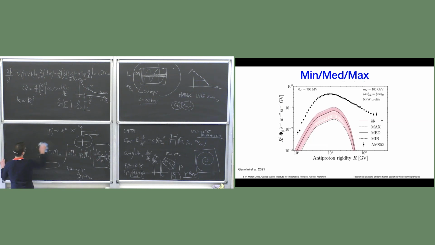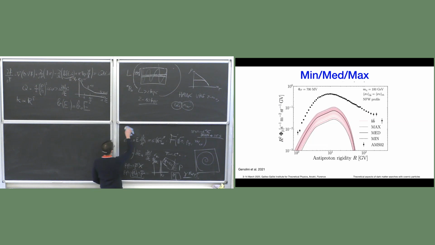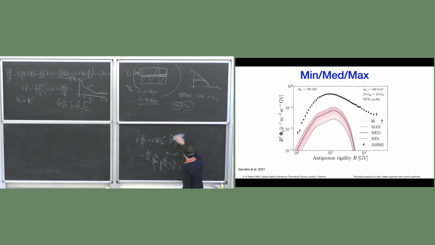In the case of antiprotons, you have to take into account slightly different propagation effects, because the energy losses for antiprotons are not so important. Diffusion is for sure the most important process. And what do you think is the next most important process for antiprotons traveling in the galaxy?